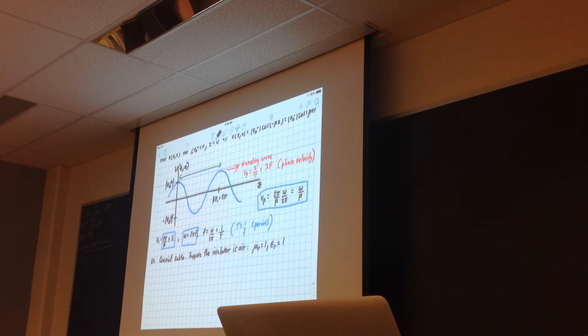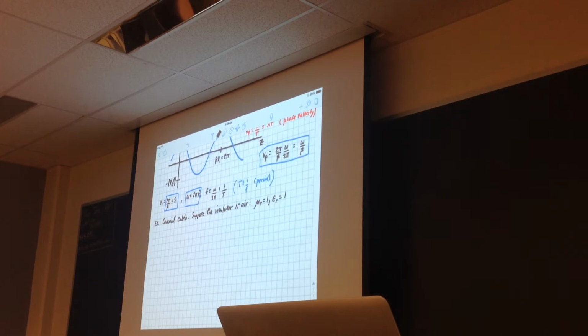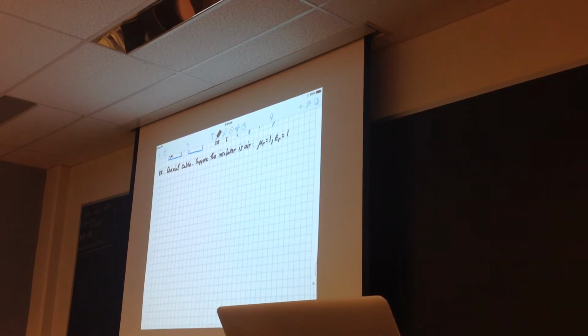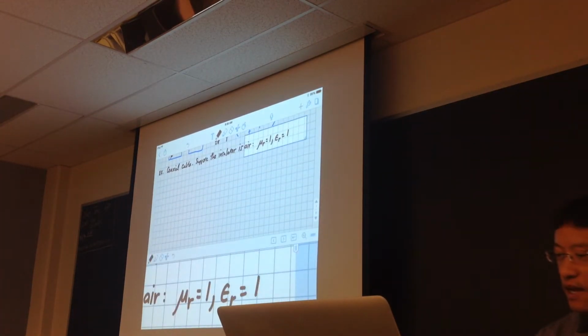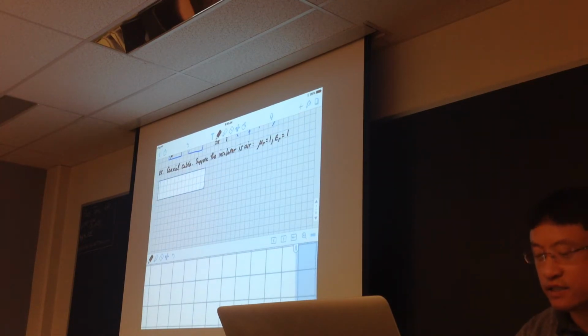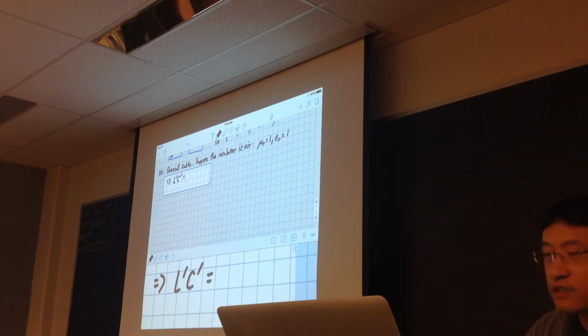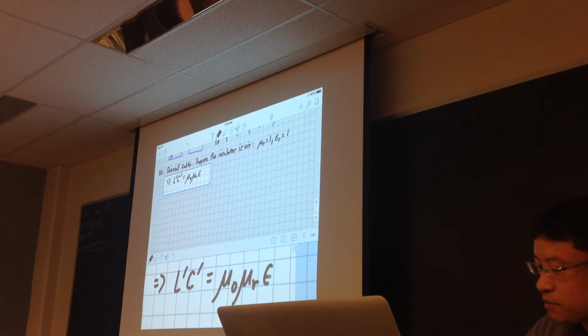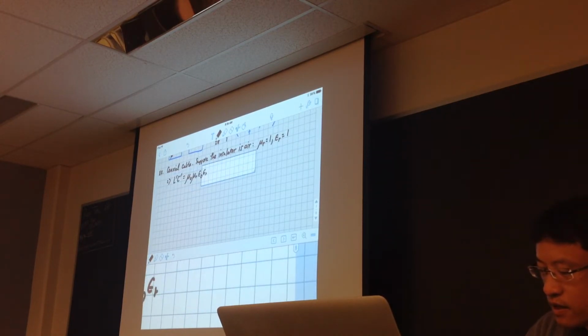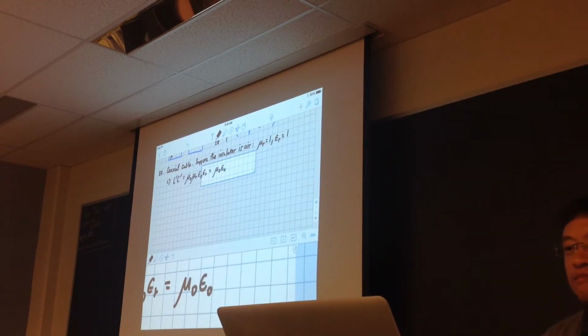Okay, in the case when mu r is 1 and epsilon r is 1, you have an air-filled coax, then we're going to show that L prime and C prime, that product, is the same thing as mu naught mu r epsilon naught epsilon r, and if mu r and epsilon r are both 1, this is the same as mu naught epsilon naught.